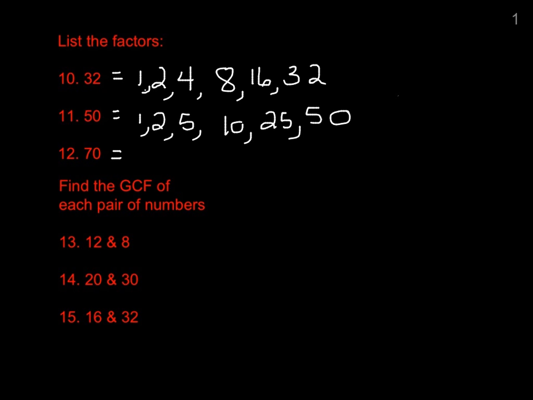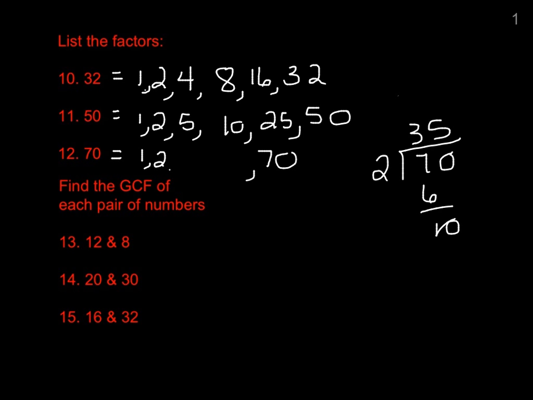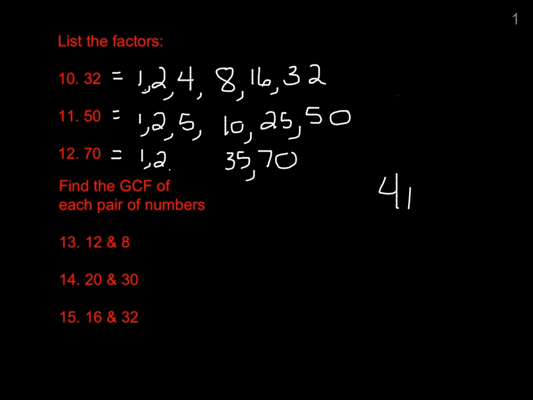Looking at 70, we have 1 times 70. It's even, so we know 2 goes into it. And again, if you're not sure, come over here and divide it out. It goes into 7 3 times, and into 10 5 times, so it's 2 times 35. 3 won't go into it since 70 doesn't add up to anything 3 goes into. And then 4, if you're not sure, we can go ahead and divide it out again, just to double check.